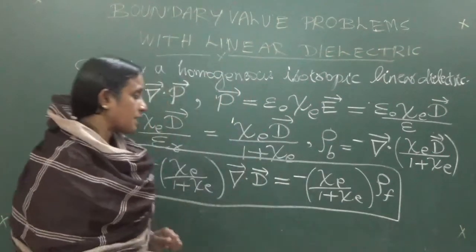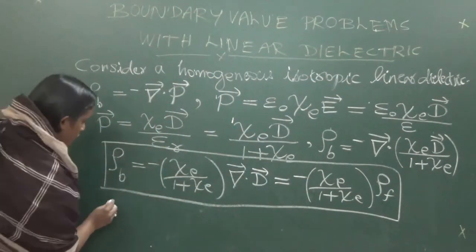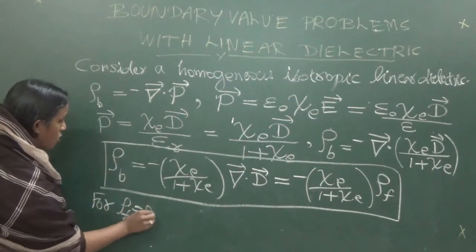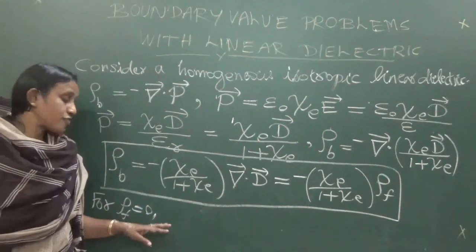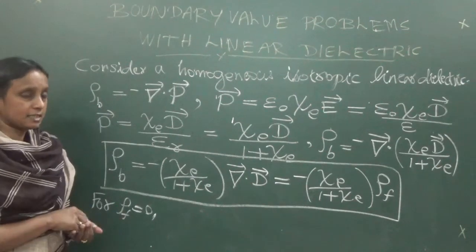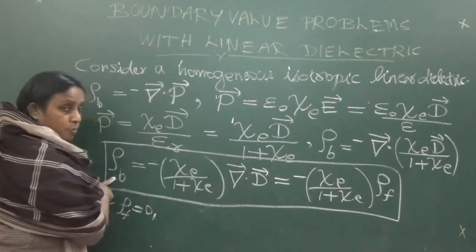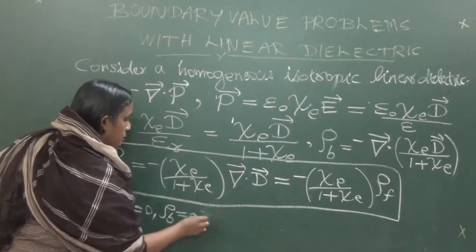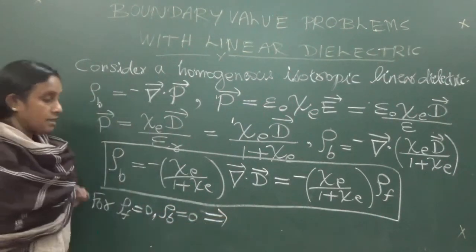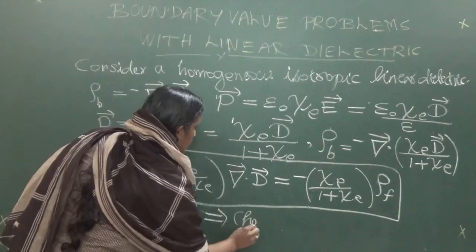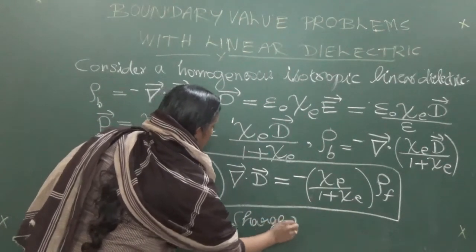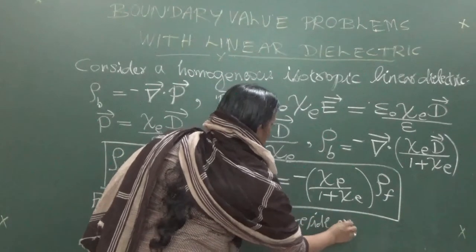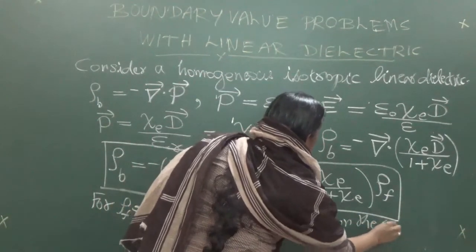So for rho f equal to 0, that means no free charges inside the dielectric, the corresponding bound charge density is also 0, which implies that the charges reside on the surface.